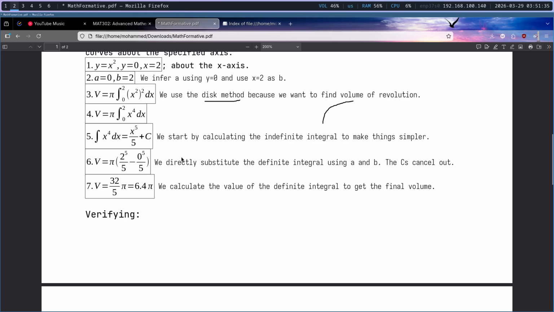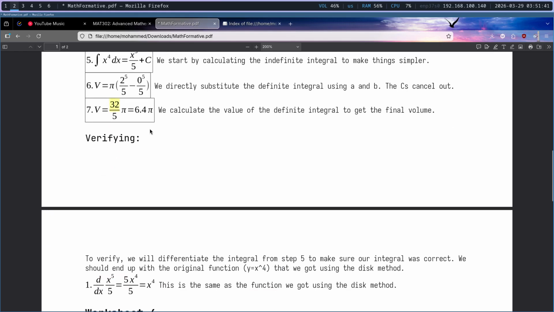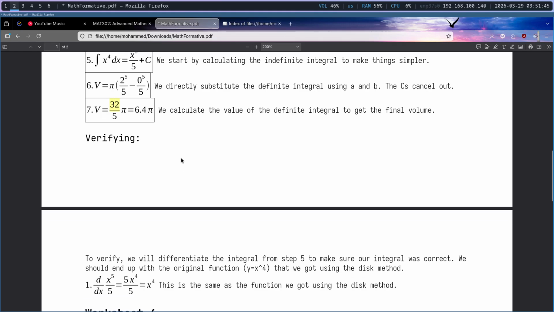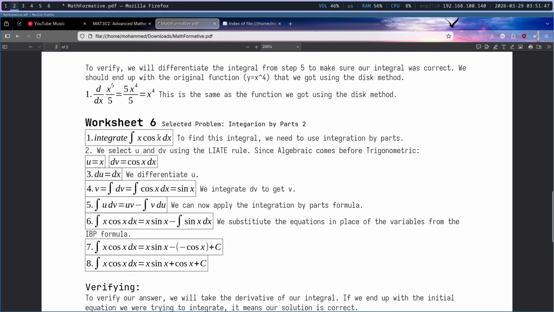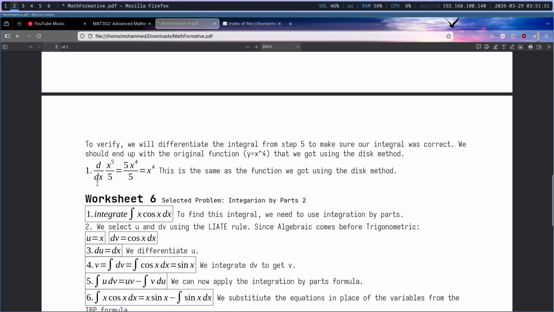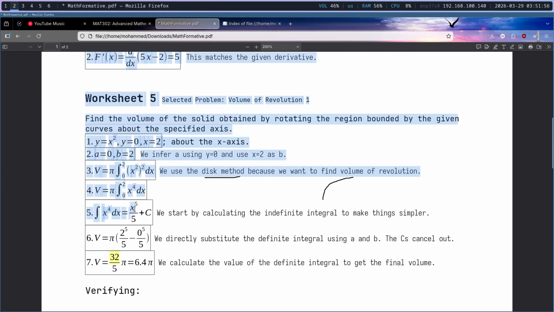If we put it into the calculator, we get 32 over 5, or 6.4, and we just multiply that by pi. Specifically this would be 20.1, but I did not include that. To verify, we just need to take the derivative of the indefinite integral that we came up with in step 5.